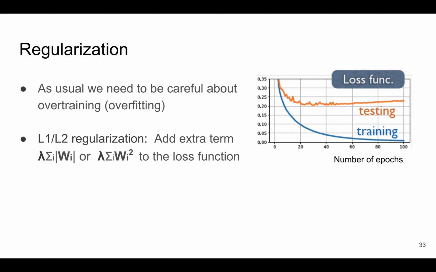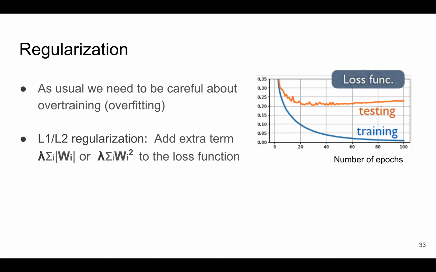We can apply regularization techniques in neural networks. As usual, we need to be careful about overtraining like the situation shown on the plot. While the loss function is reduced further with more epochs for the training sample, the value of the loss function saturates at some point for the testing sample, which is a sign of overtraining.